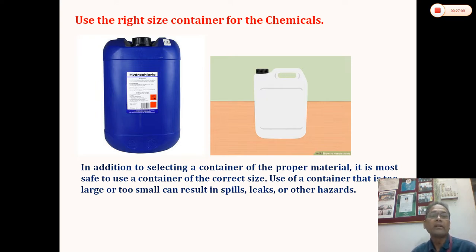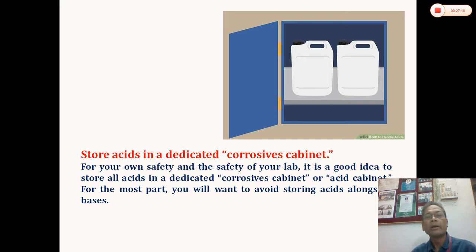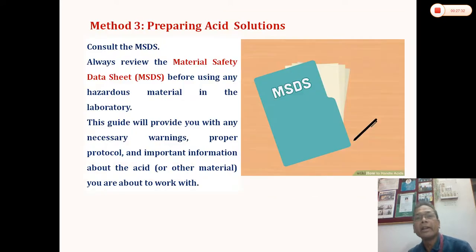The size of the container should be proper so that we can store the acid in a proper way. While storing the acids, there should be a proper cabinet in the laboratory so that we do not come in direct contact with the acids frequently.